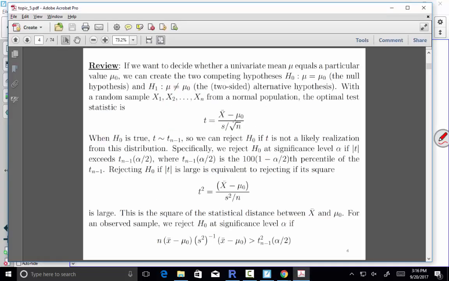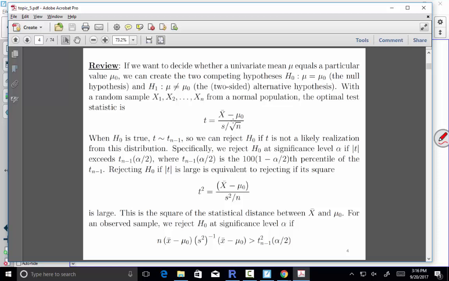But that's the idea behind the t-test. You have data. You have a question you want to answer confidently. So you formulate it into a null and an alternative hypothesis. Step one from there is to construct a test statistic, a number that will quantify the strength of evidence in our observed data against the null hypothesis.